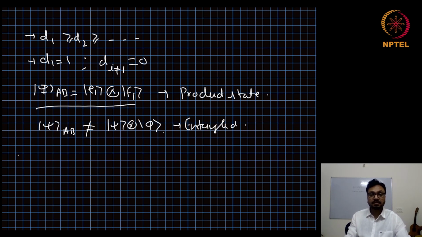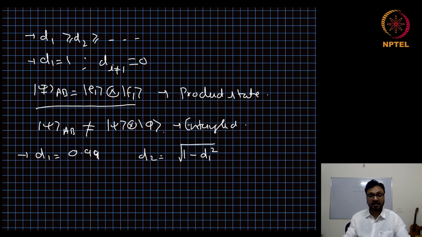Now let us take a scenario where d1 is 0.99 and d2 is close to 0.1, but it will be the square root of 1 minus d1 squared, because d1 squared plus d2 squared equals 1.